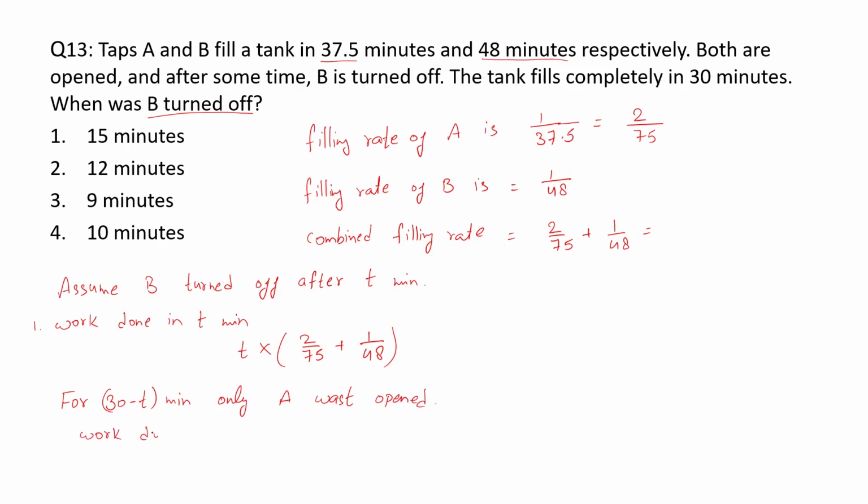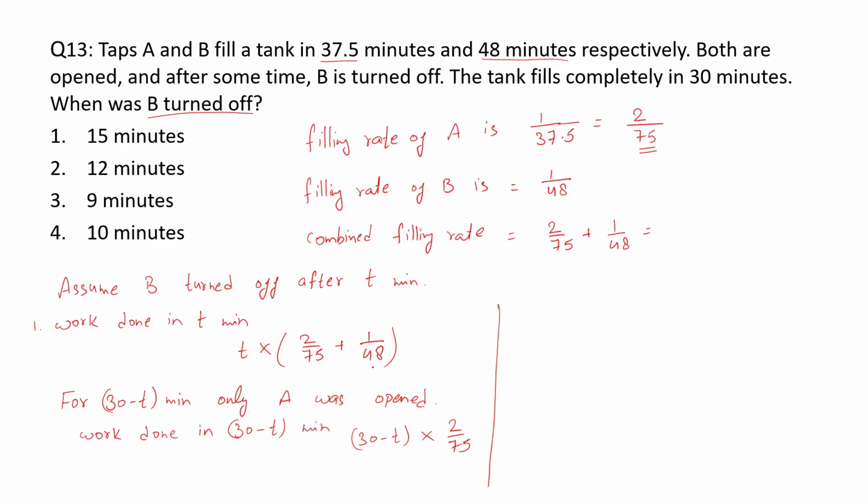Now, work done in 30 minus T minutes, because only tap A was open, is time into rate. What is the rate of tap A? 2 upon 75.